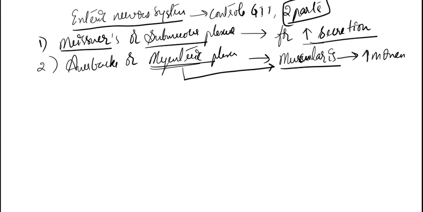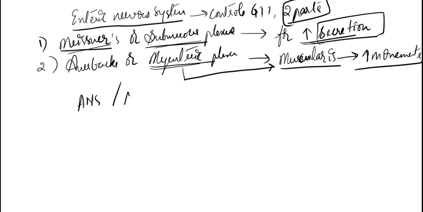So the myenteric plexus helps in increasing movements of the GIT, and the submucous plexus or Meissner's plexus helps in increasing secretion. That is why, if you know the physiology, you will know the pathology, you will know the medicine, everything.